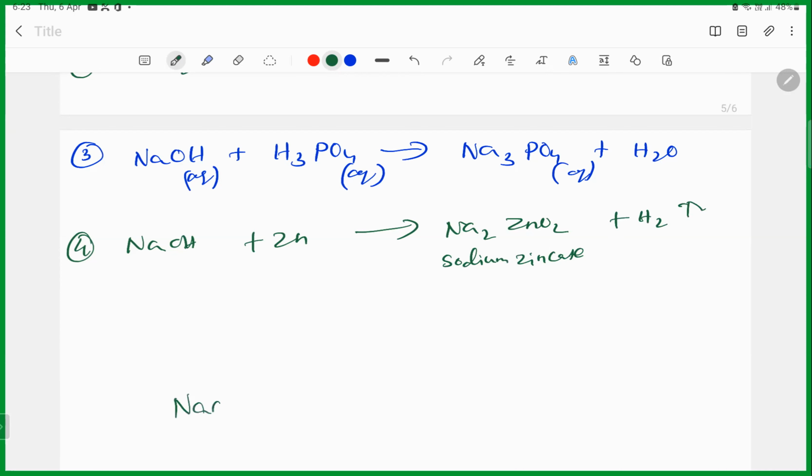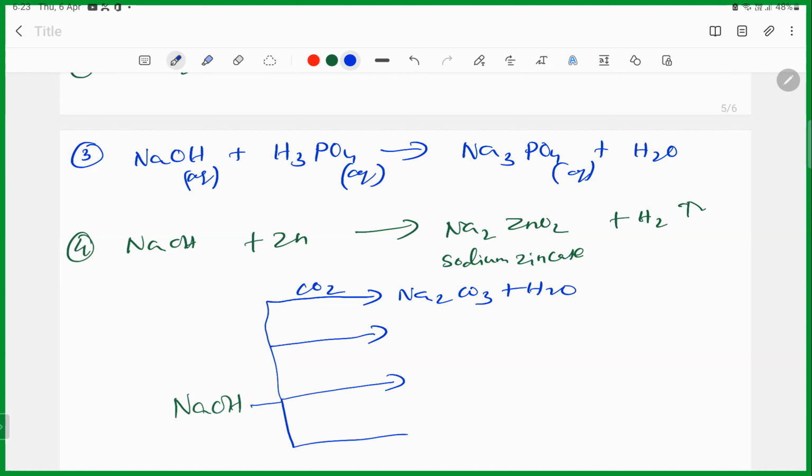Yes, we can write NaOH reacting with carbon dioxide to form Na2CO3 plus water. Second, when it reacts with ammonium chloride, it will form NaCl, water and ammonia. It is a very weak reaction, whereas with calcium hydroxide it becomes a good reaction.